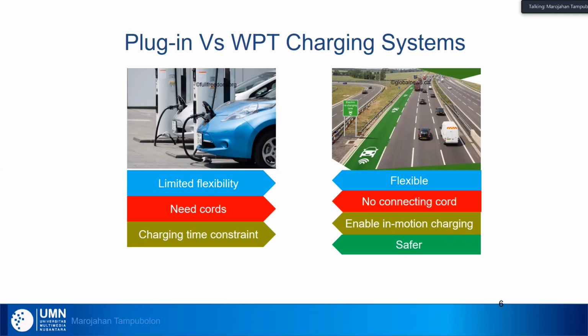But if we use wireless power transfer, there is one possibility that we can enable in-motion charging. So while the car is going on the road, it can be charged by wireless power transfer.